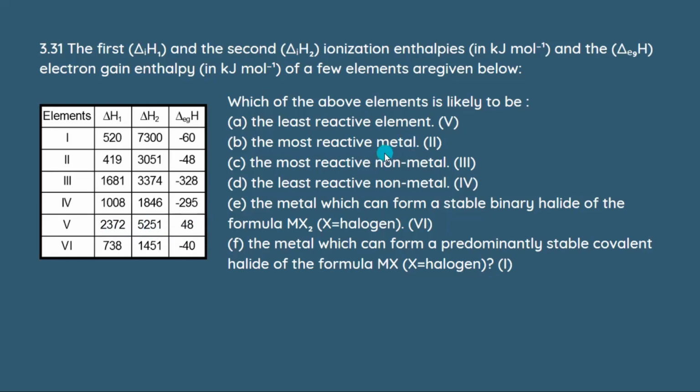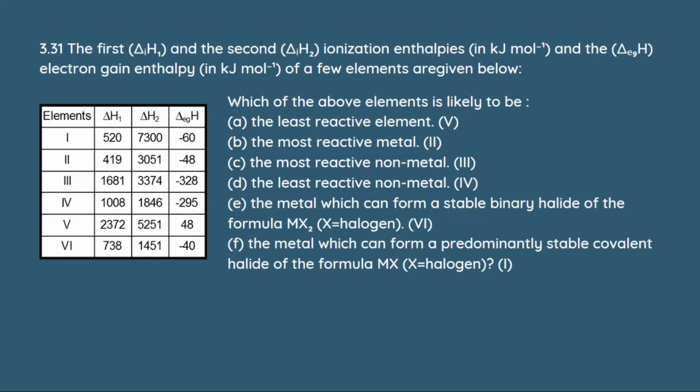Next, the most reactive metal. We will be considering this, and this. The reason we're not considering these 2 elements is because these have a high negative electron gain enthalpy value, which means they should be on the right side of the periodic table. These have a less negative electron gain enthalpy. So 1, 2, and 6 are being considered.